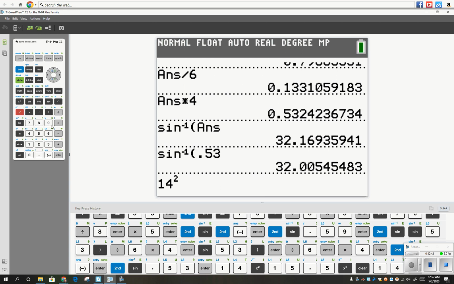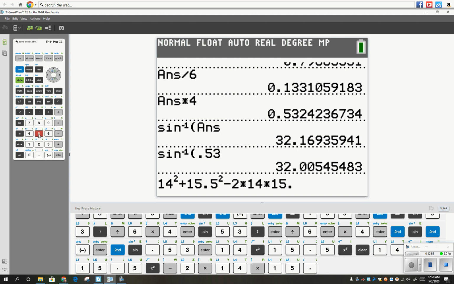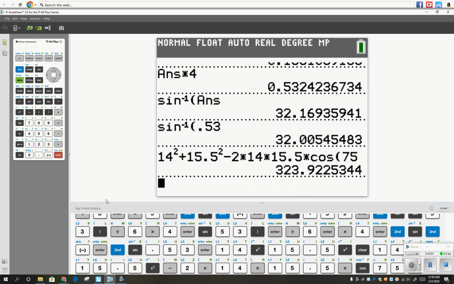I have 14 squared plus 15.5 squared minus 2 times 14 times 15.5 times cosine of the angle, which is 75 degrees. And I get 323.922.